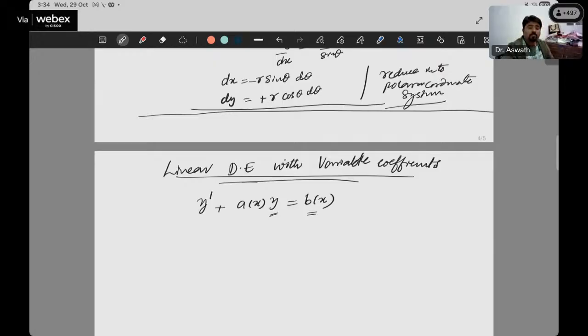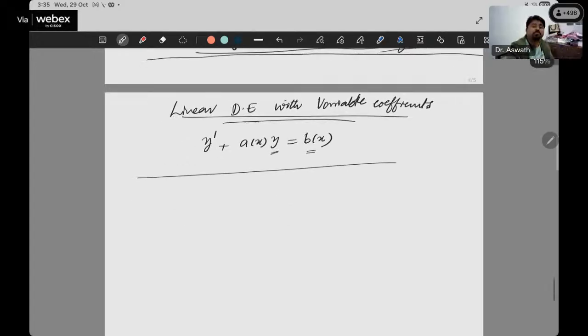Even though it appears linear, since there is something on the other side of the equal sign, it's an inhomogeneous equation. How to find the solutions is a little bit different from whatever we have seen so far.